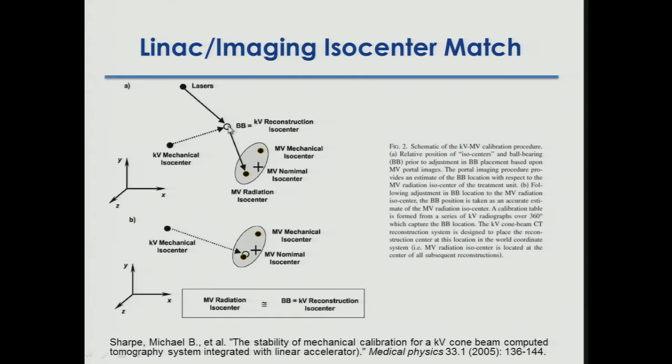Now you put a phantom with a BB on the couch using the lasers, and there's your KV imaging isocenter somewhere. You do an MV image, and you shift these BBs into the MV isocenter. Then you run your imaging calibration, which tells you the vector between the KV mechanical isocenter and the MV isocenter, and you make that shift.